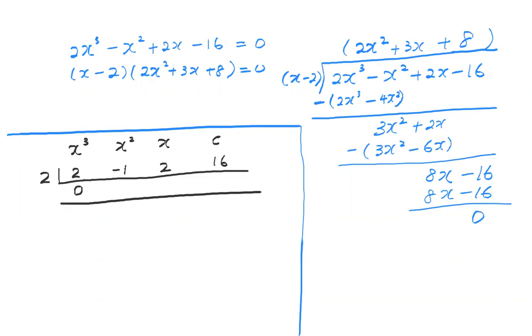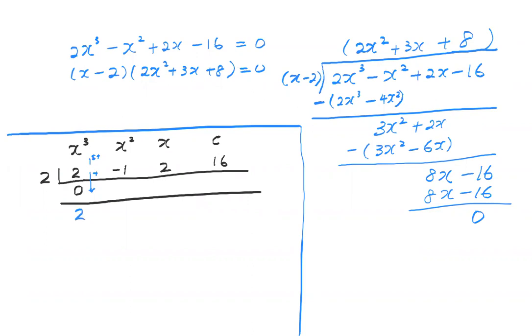So the first step is this one. Go down, you plus. You put a 2 here. This is the result of the first step.